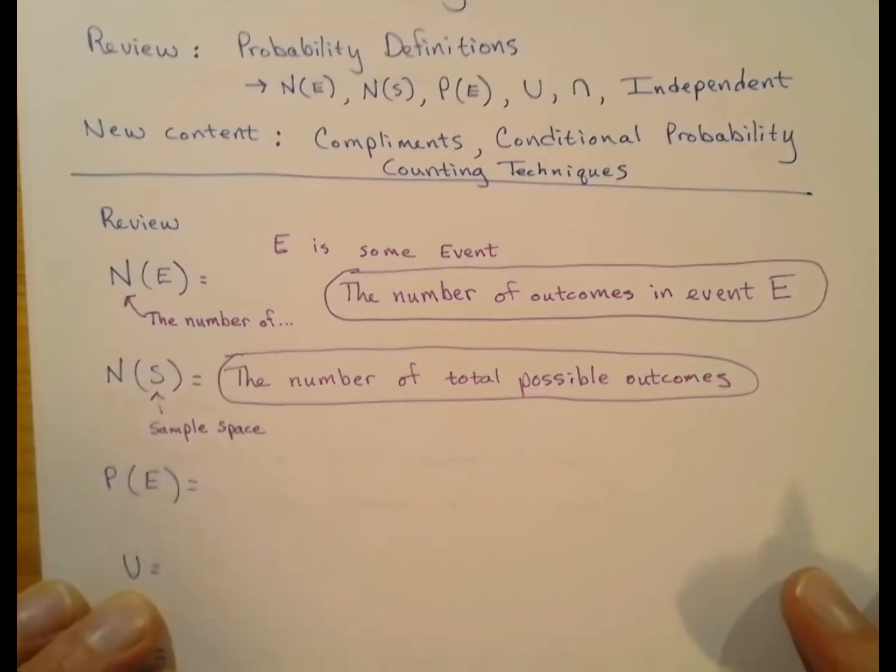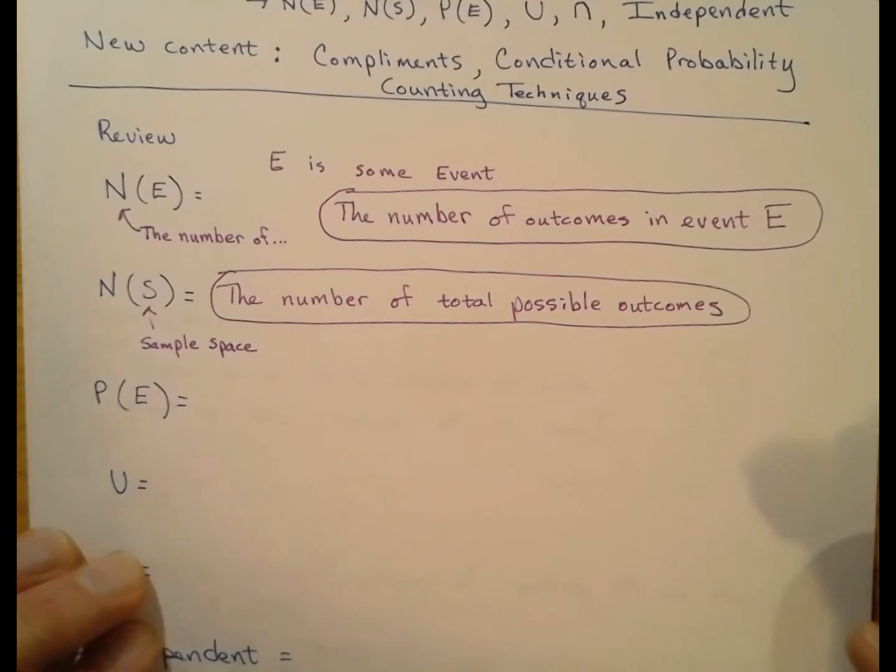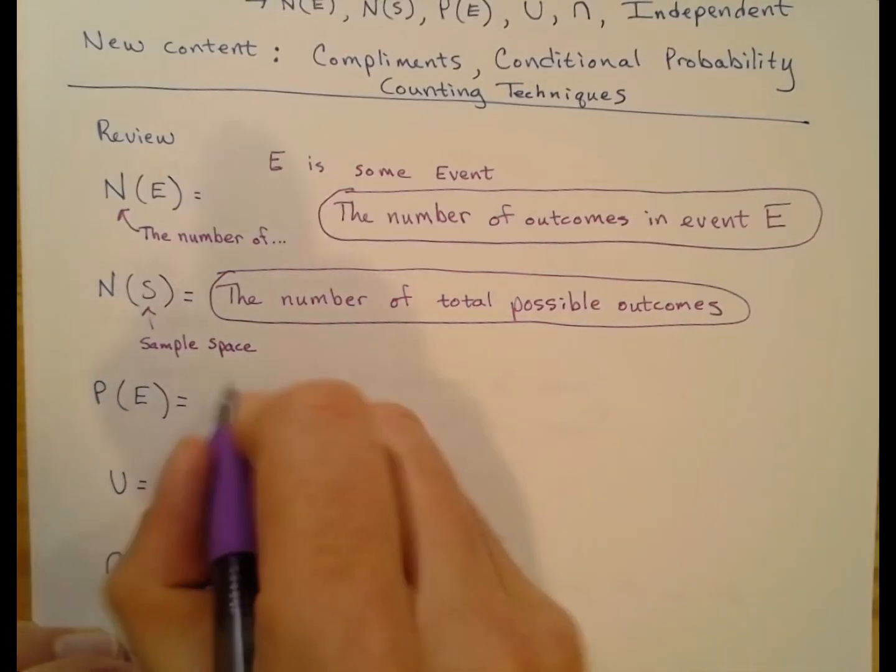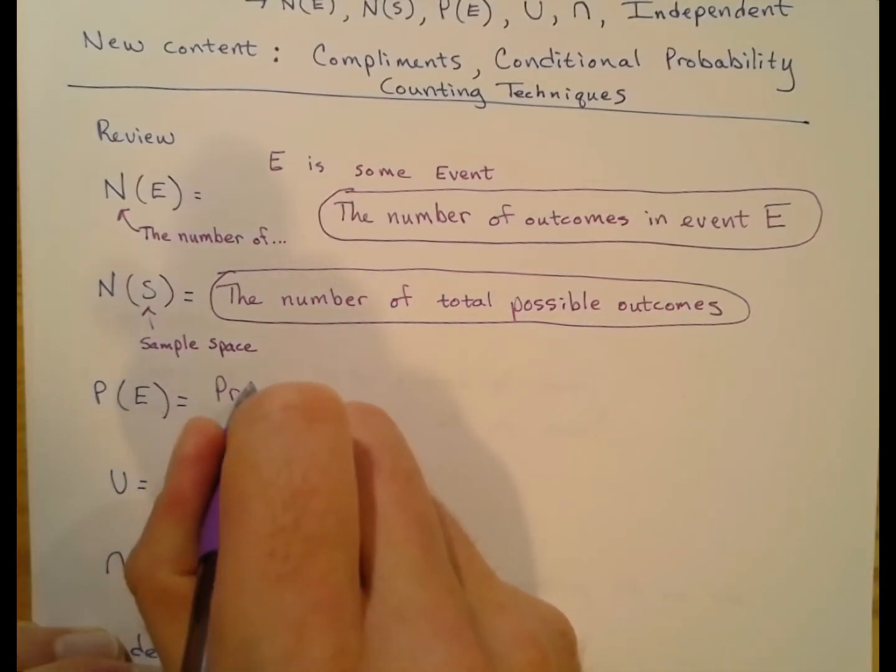Now those two go directly into the probability of event E happening.